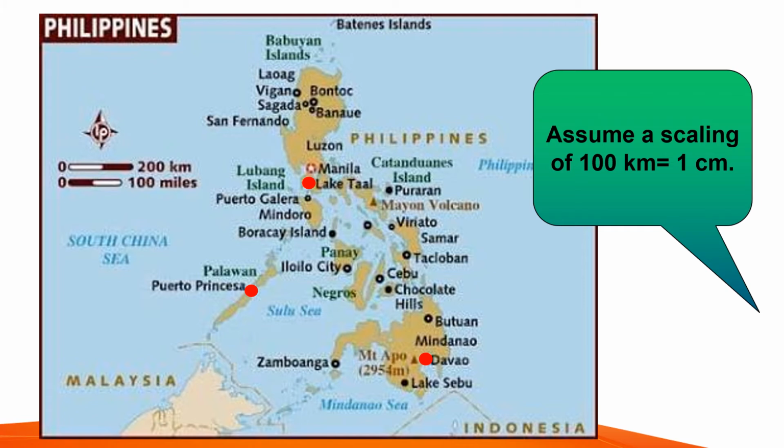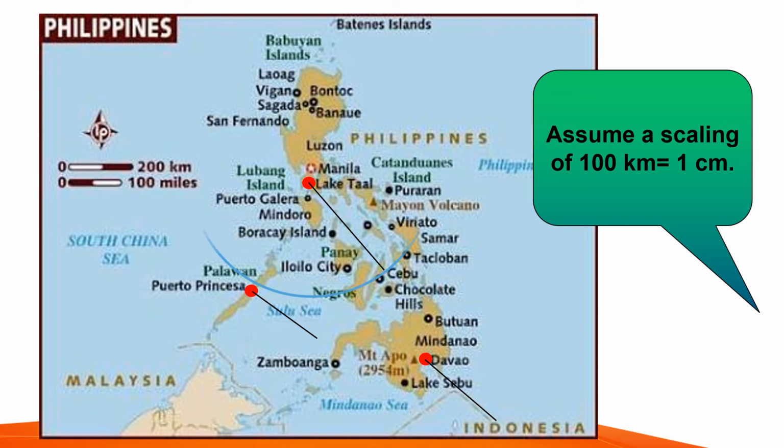From the computed values of the distances of the stations from the epicenter of the earthquake, let us identify the radius of the three circles from these three stations. So we have here 5.6 centimeters from 560 kilometers, 4 centimeters from 400 kilometers, and 4.84 centimeters from 484 kilometers.